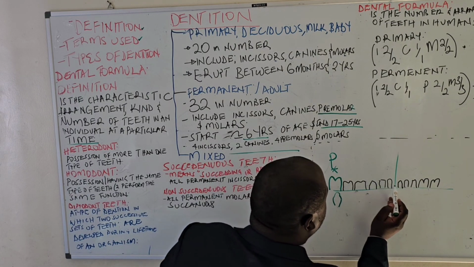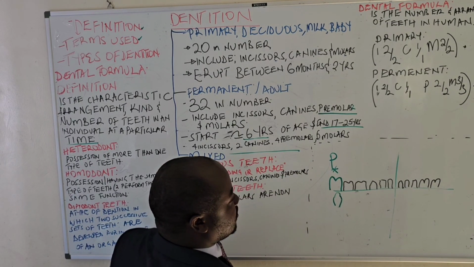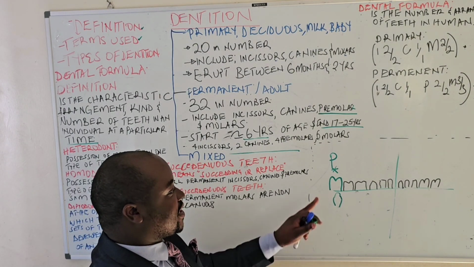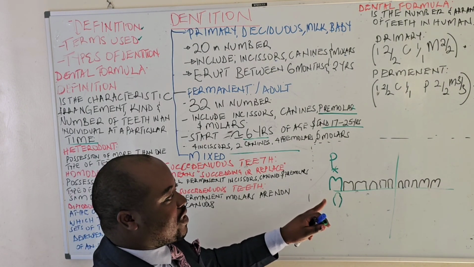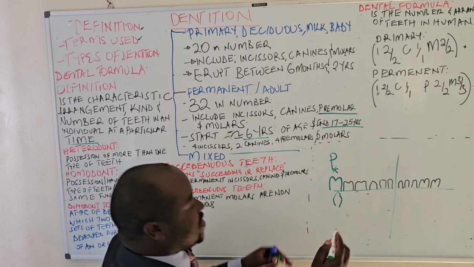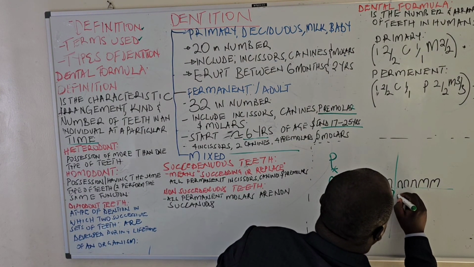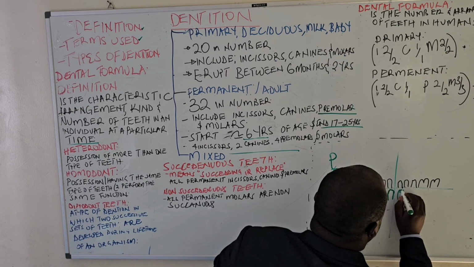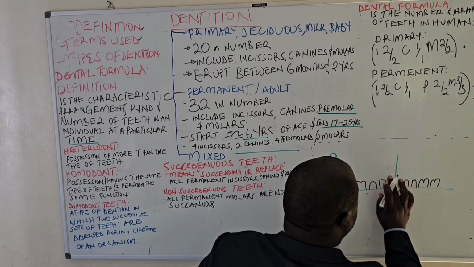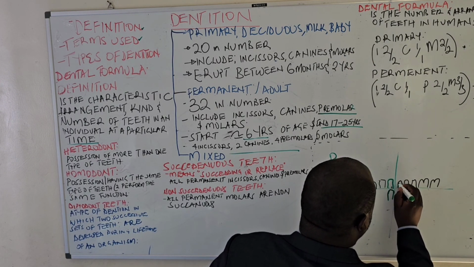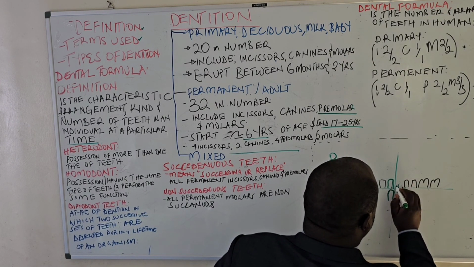These ones are primary teeth. The second tooth which is going to appear is going to come from the central incisors. As they come, they are going to appear in green. These are permanent teeth.